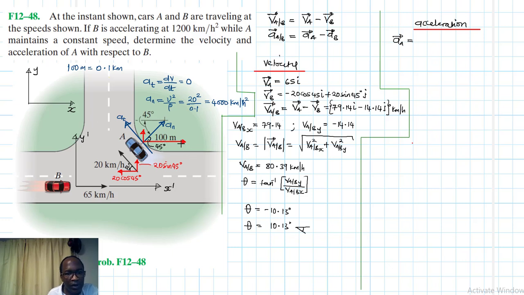Here we have an cos 45, and this one we have an sine 45.